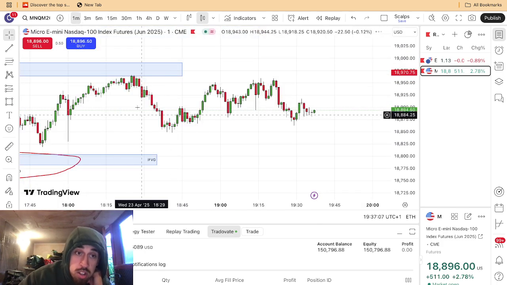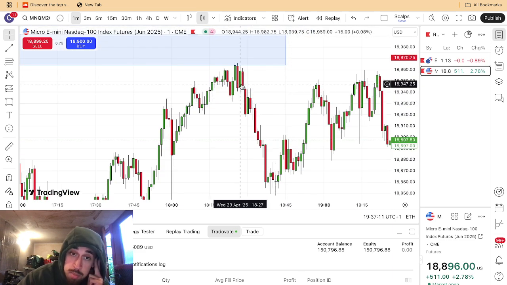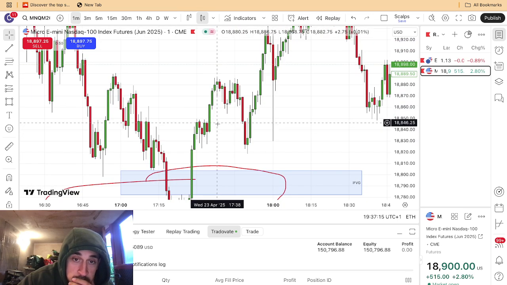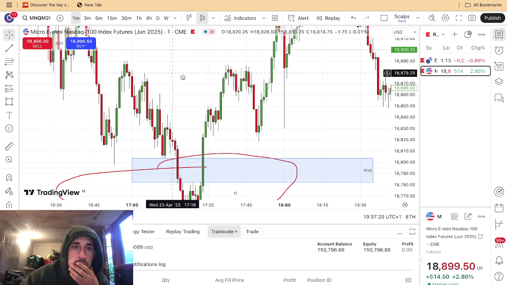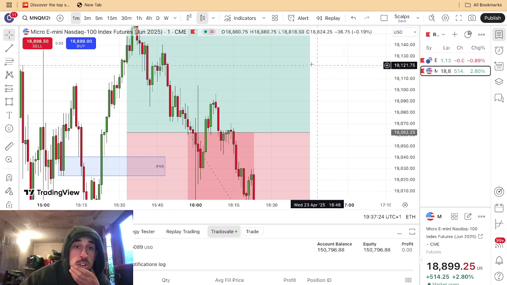For example, there's these 1 minute little moves, and sometimes they go. Don't get me wrong. Let's see if I can find a little 1 minute move. I wouldn't give this a 1 minute move because it did take a lot of liquidity. Sometimes these 1 minute moves do go, I can't lie.